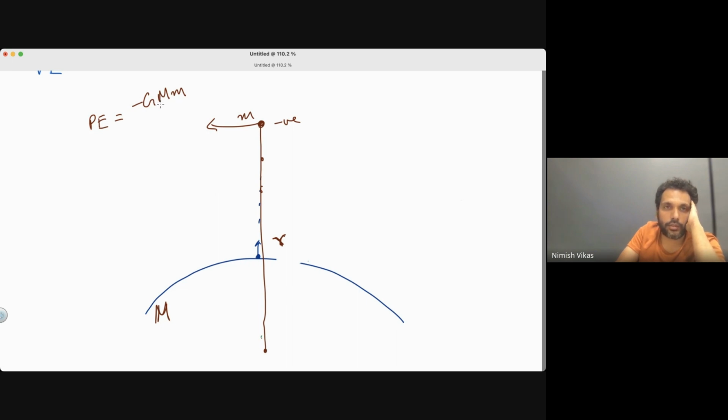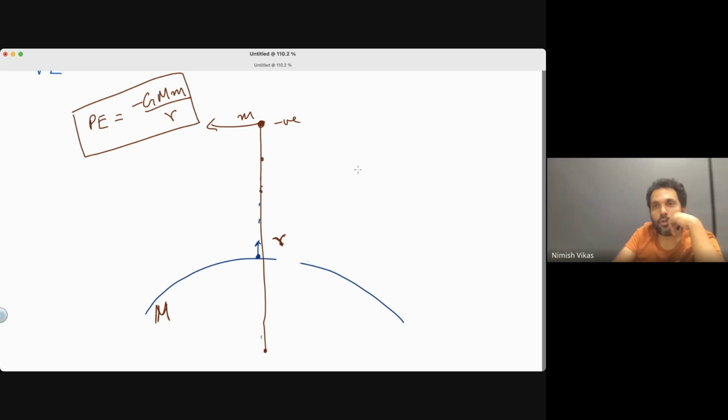One of the m's is the mass creating the gravity, the other m is the mass kept at a certain point. So this is the actual potential energy formula. Is that clear?